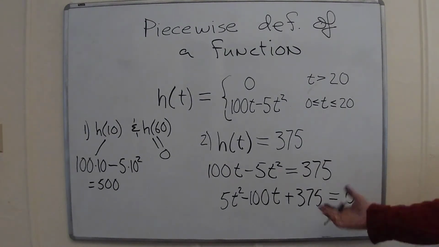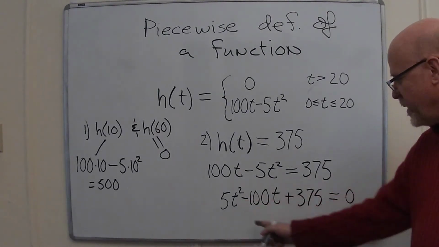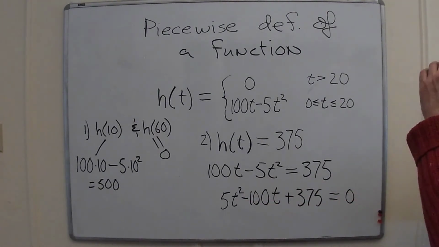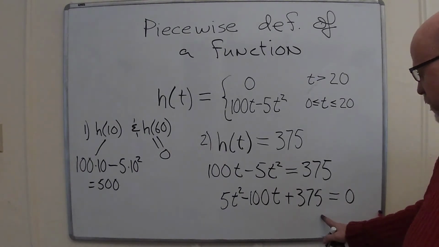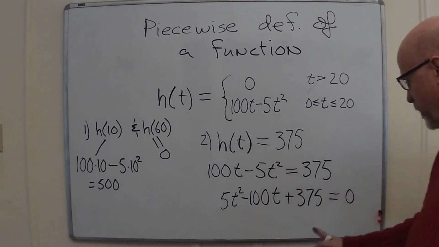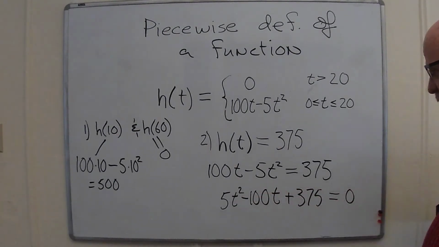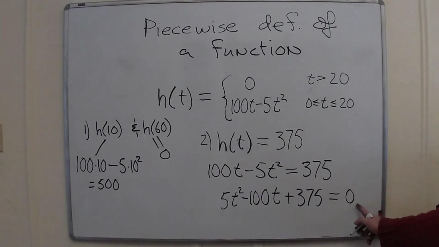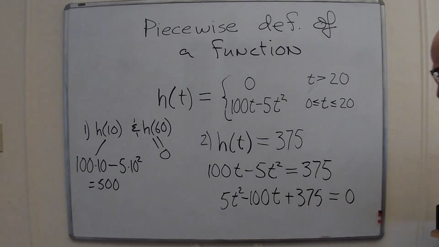Why did I do that? Well, that's a quadratic equation, and there's a way to easily solve it. One thing that's cool on this particular quadratic: do you notice that every one of these ends in either a 5 or a 0? Every number in there is divisible by 5. So I can divide through by 5. That doesn't have much of an effect on the other side, because 0 divided by 5 remains 0.